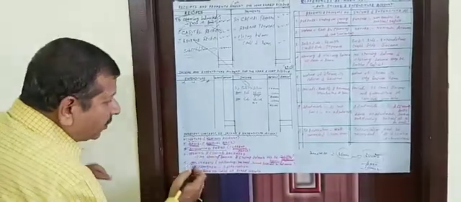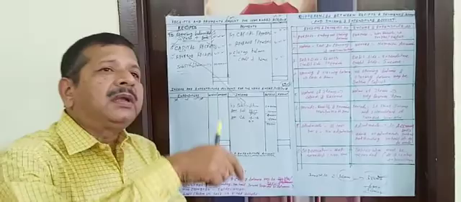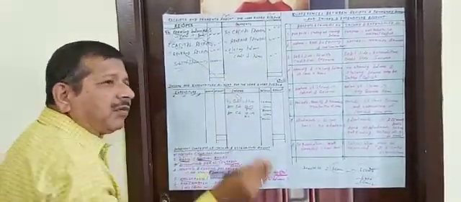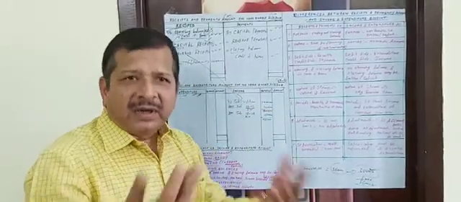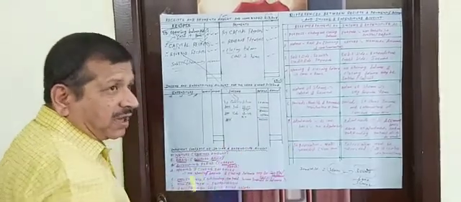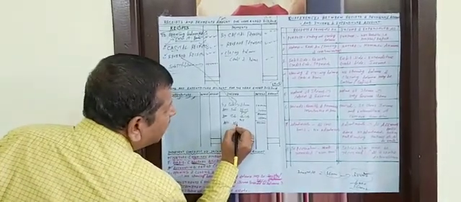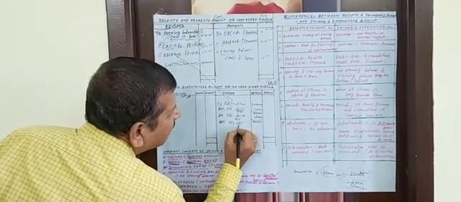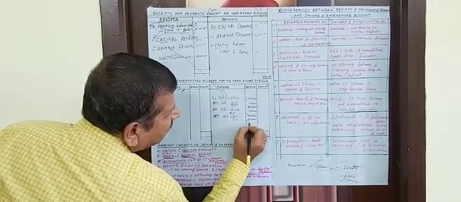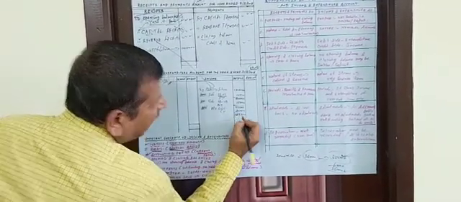So according to the accrual basis, the income received and to be received has to be included. That's why even though we have not received the 40,000, it has to be added. This is the outstanding subscription for the current year. 40,000 we have to add. So the total will be 1,15,000 rupees that we have to record.